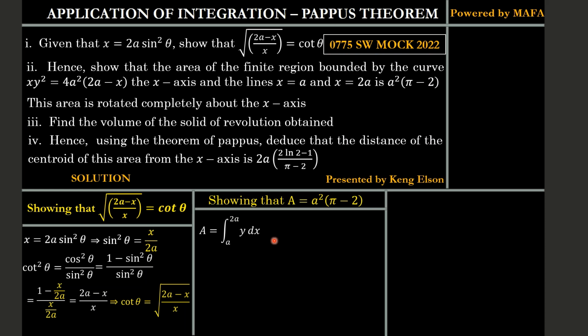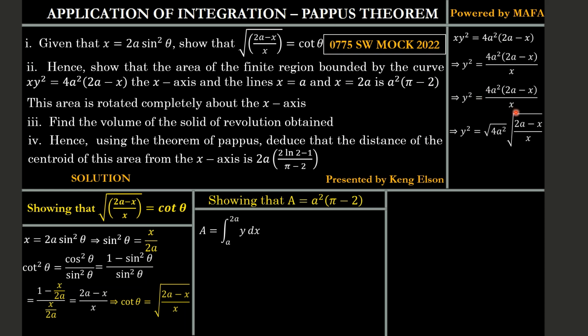But we don't have y, so we need to look for it. We begin with the equation that x and y satisfy for the curve: xy squared equals 4a squared into (2a minus x). We divide all through by x, and then we take the square root on both sides and simplify, taking the positive square root.